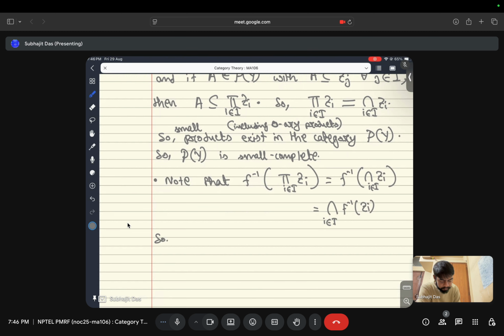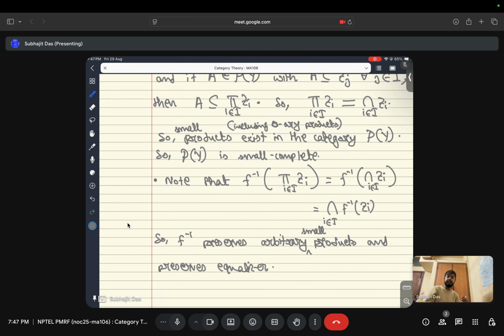So F inverse preserves arbitrary products. In fact, note that F inverse of the terminal object, which is Y, is exactly equal to X, all of X, which is the terminal object of PX. So it preserves arbitrary small products and it preserves equalizers, which is obvious because the equalizer is trivial here.